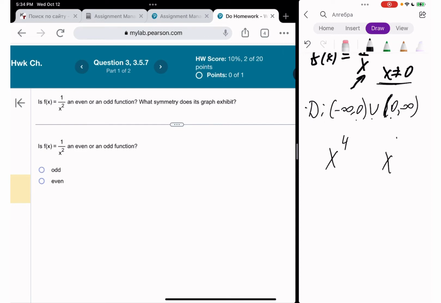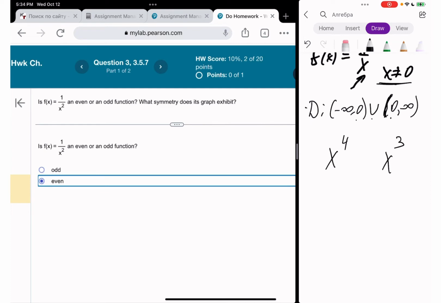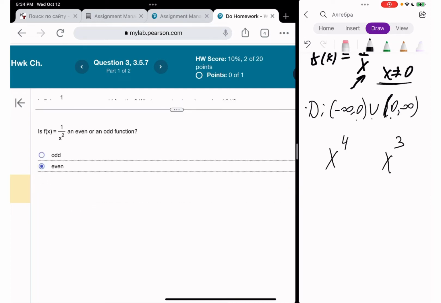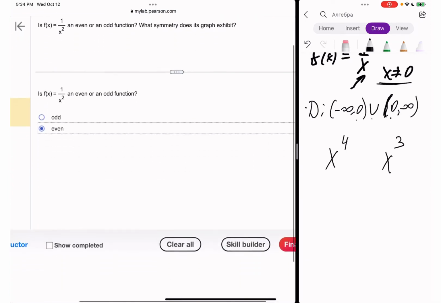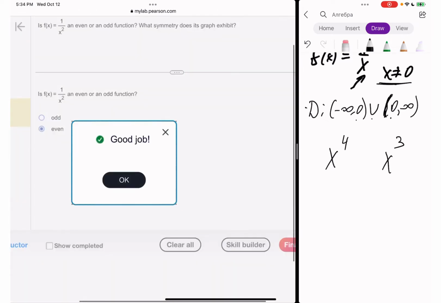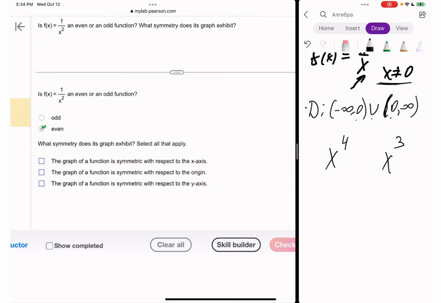And if the highest degree is odd, such as 3, 5, 7, 11, the function is odd. In this case we have x squared, so the function is going to be even. Let me check. Okay, good job.